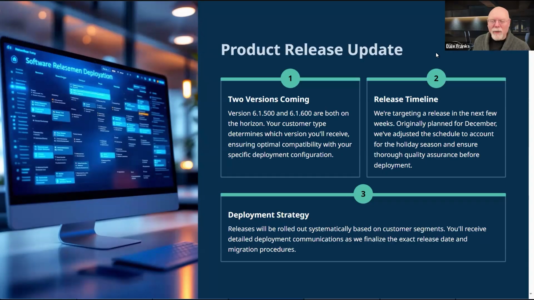So what is the next version of Process Director? I've been saying for months it's 6.1.500, and that is true for some customers. It's also going to be called 6.1.600 for other customers.